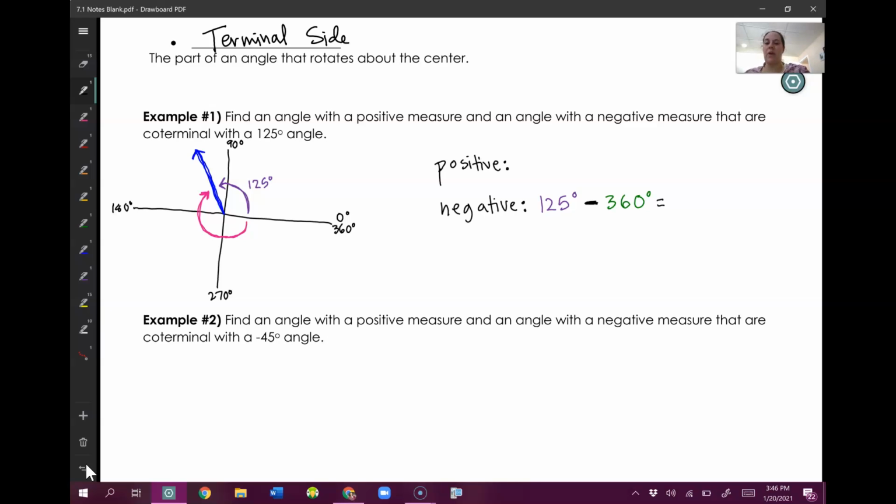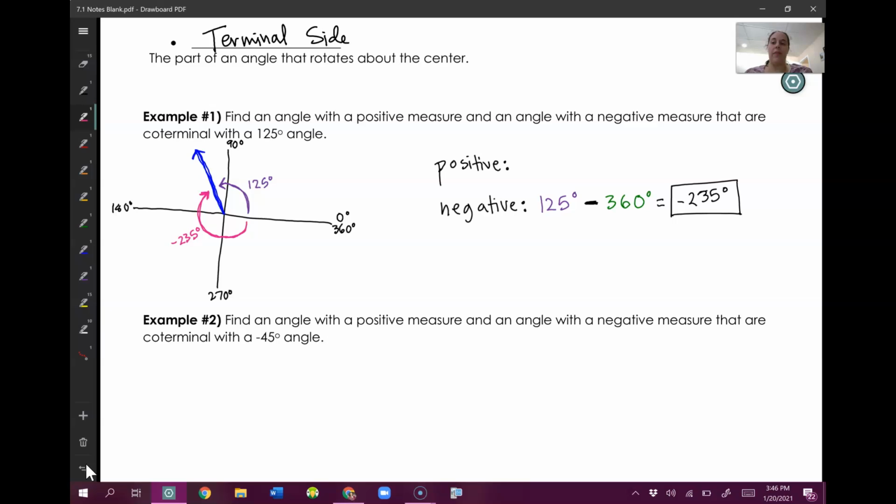So if I subtract those in my calculator, I should get negative 235 degrees. There's our negative angle that's coterminal. Negative 235.